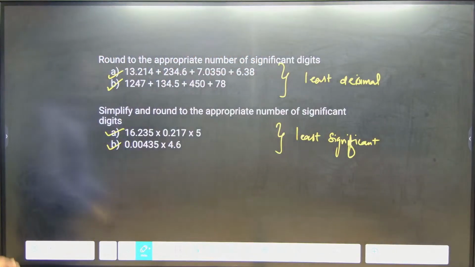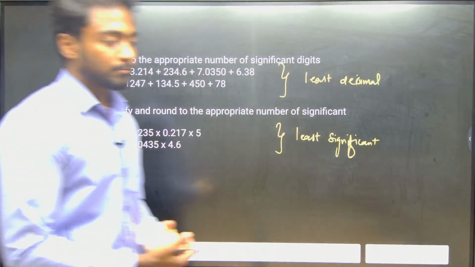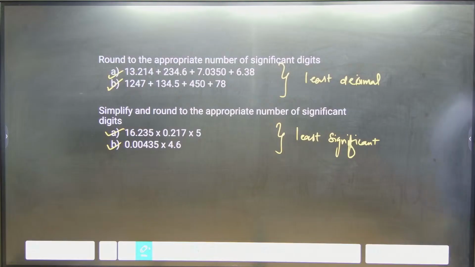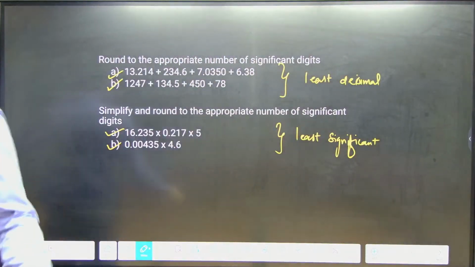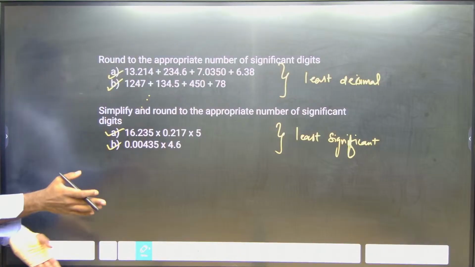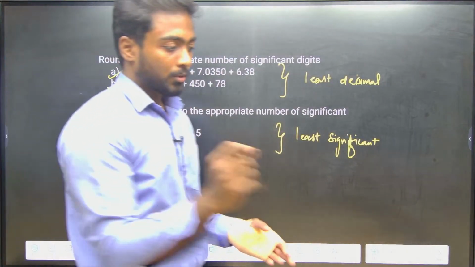Okay, give a try first. We can go for the next one. 30 seconds completed. Don't take more than 30 seconds for the first question, and not more than 30 seconds for the second question. Like I have given 2 minutes, so 30 seconds for each question.